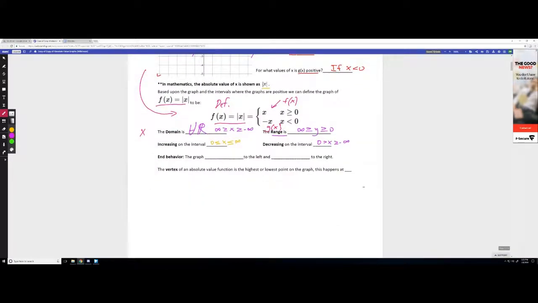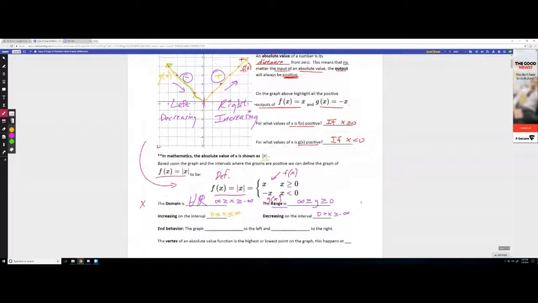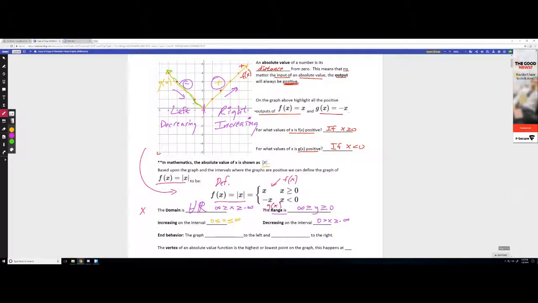All right, so in behavior, so the graph, this is actually a next conversation piece that you guys really need to pick up in behavior. Okay, you're going to hear this a lot. The graph blank to the left. Okay, so if you look on the left side of the graph, this actually rises, goes up.